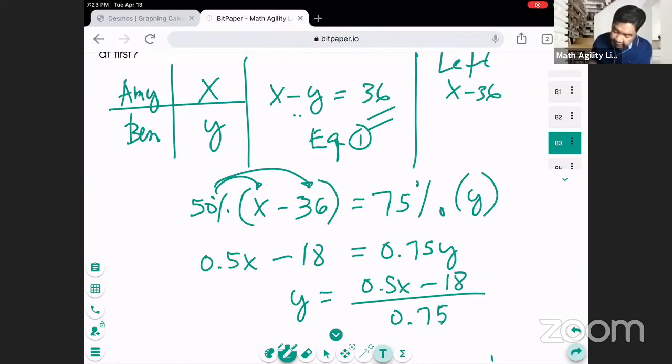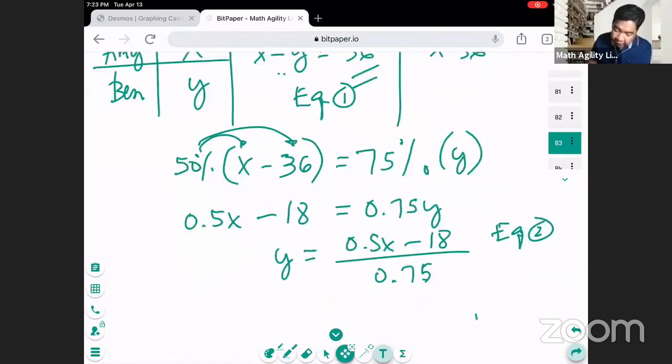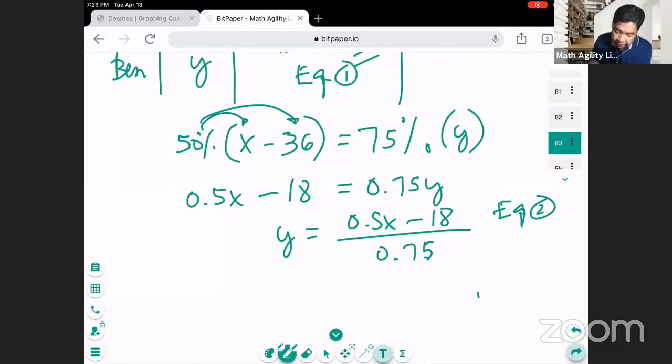So let's say this is Equation 2. So let's substitute Equation 2 into Equation 1, right? Okay, so x minus y.